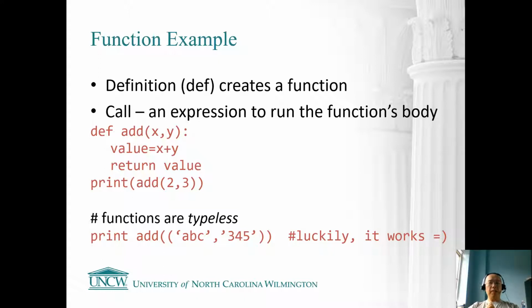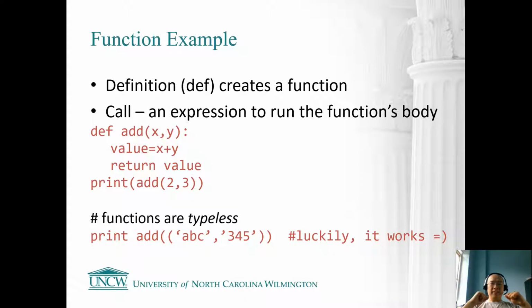If I'm sending x and y as two float numbers, does this function work? It works. And an interesting example is this: if I'm sending two strings, does this function work? Actually, this function also works.